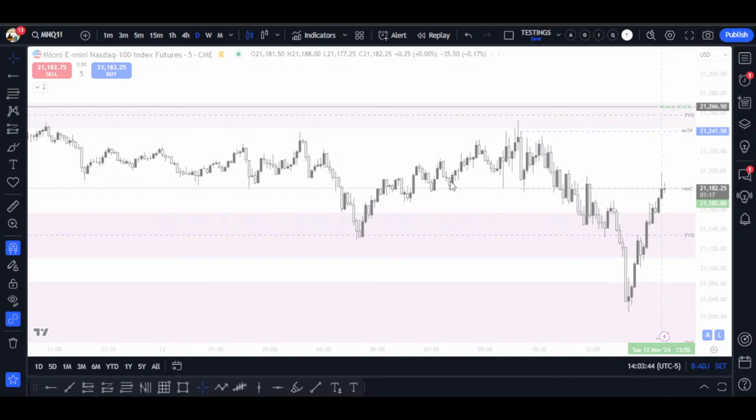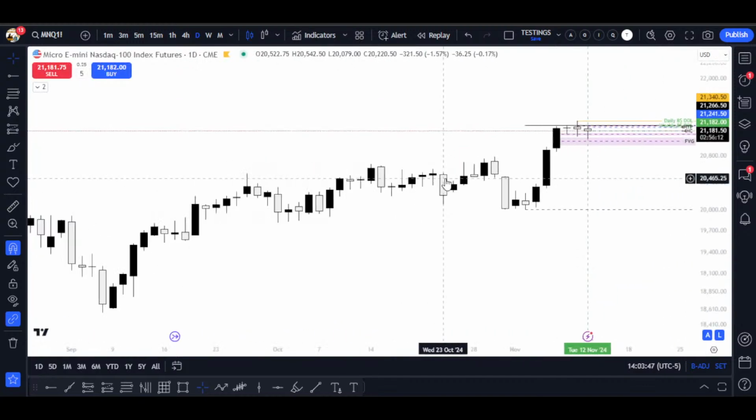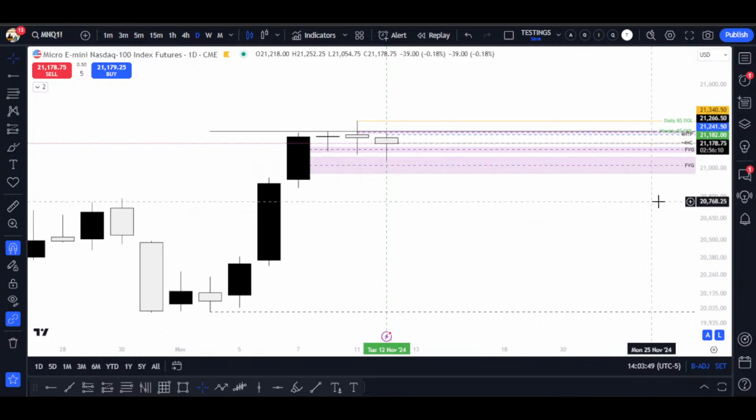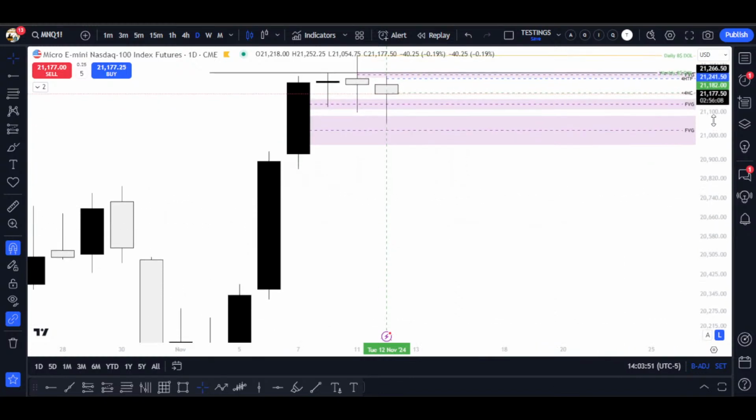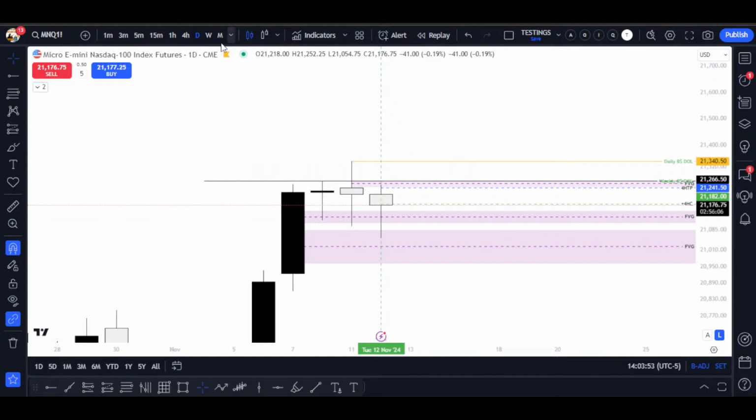Okay, real quickly, just to go over my overall bias for the day. I won't get into my weekly bias. But see, yesterday's candle did sweep both highs and lows. However, it closed bearish, but it closed bearish after price... I would say the buyers fought back.